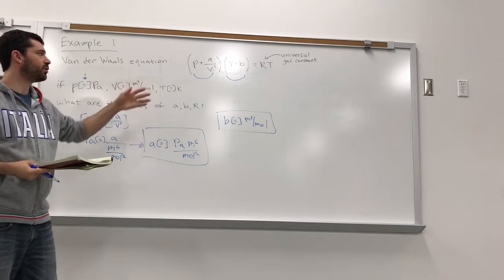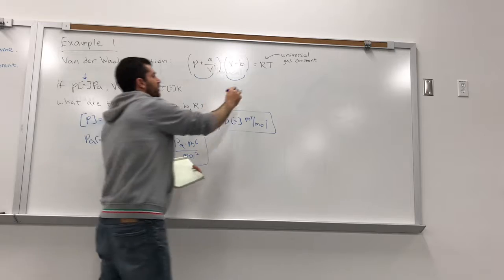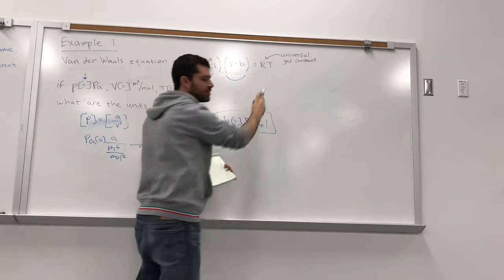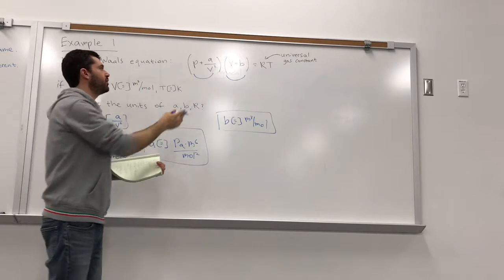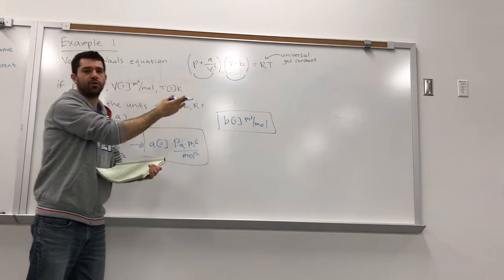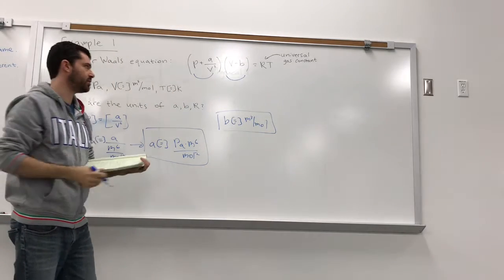And then finally, to calculate the units of R, this whole right-hand side of the equation has to have units that are equal to the left-hand side of the equation, otherwise it doesn't make any sense.